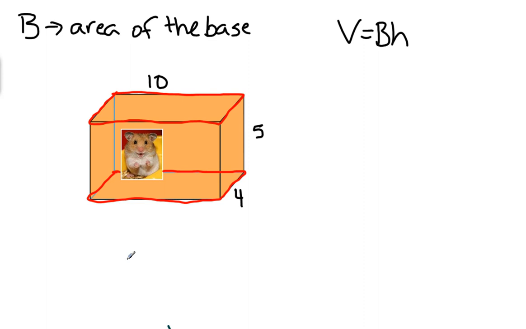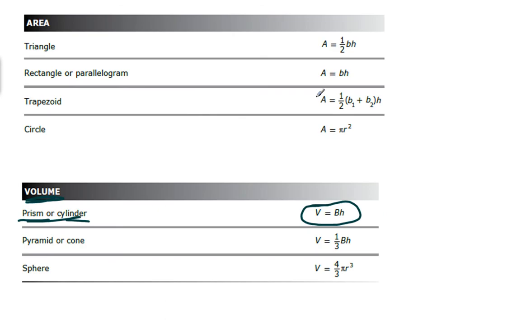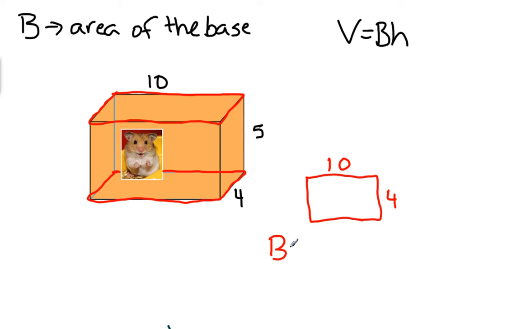I'm going to draw it out separately just so I don't get confused. So here's my base rectangle. I know the sides are 10 and this side here is 4. We're looking for the area of that rectangle. If you forget, you can look at your chart. Area of a rectangle is base times height.